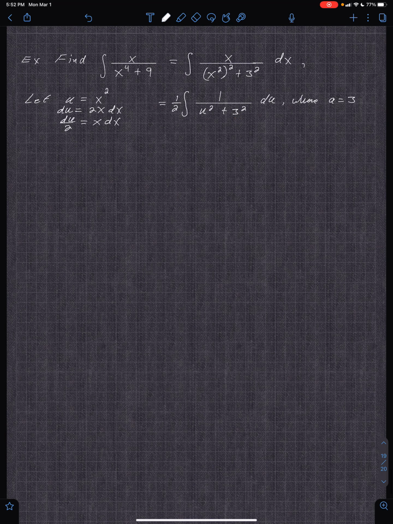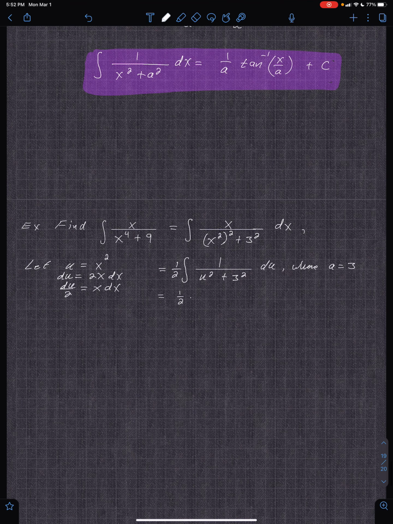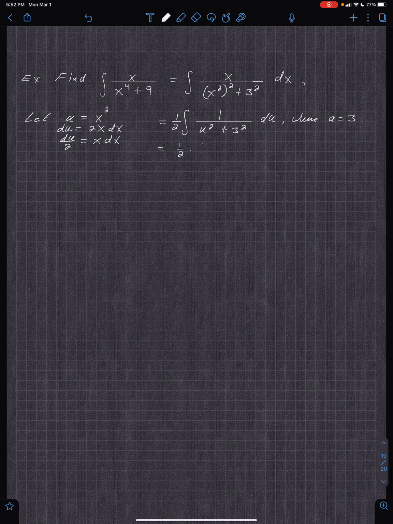So this is equal to 1/2, and then apply the formula, times 1/3 tan inverse of u over 3 plus c. But see, that was for u, so what was u?